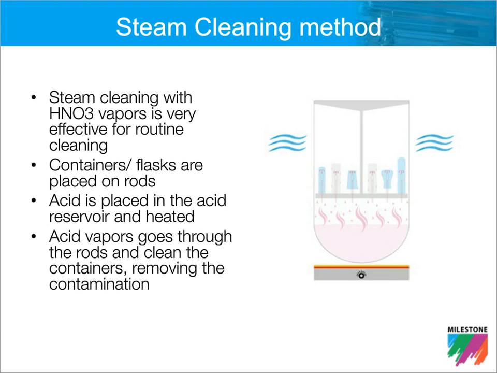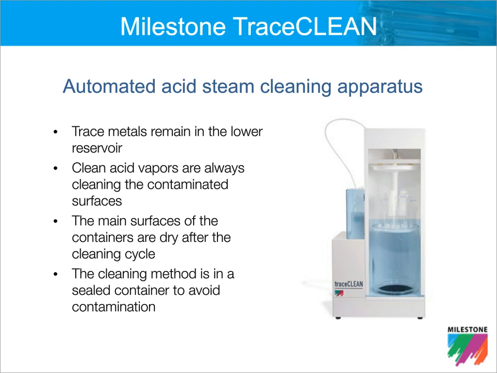There is a rack that contains hollow tubes, either glass or Teflon coated tubes, and the bottles, microwave vessels, the lab components are placed on top of those tubes. That acid reservoir is heated up, giving off pure acid vapors which condense on the materials and are constantly rinsing it throughout the process. This technique is extremely fast, usually being about 1 hour in total.